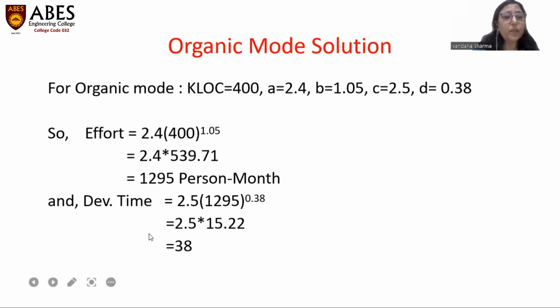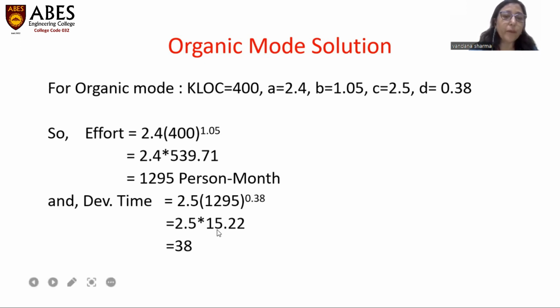Similarly, we can compute the development time by using the constants C and D and the already calculated effort. As we have achieved effort of 1295, it will be multiplied by 2.5, that is C. So 2.5 multiplied by 1295 raised to the power 0.38.